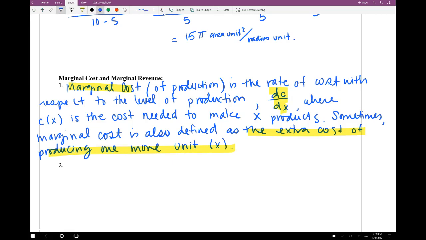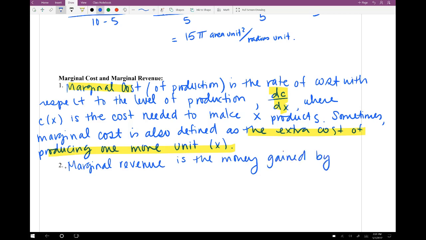So let's move to marginal revenue. Marginal revenue, okay? So marginal revenue, it's very similar to marginal cost, except revenue is the money that you take in after selling things, right? So marginal revenue is the money gained or collected by selling one more unit, okay?